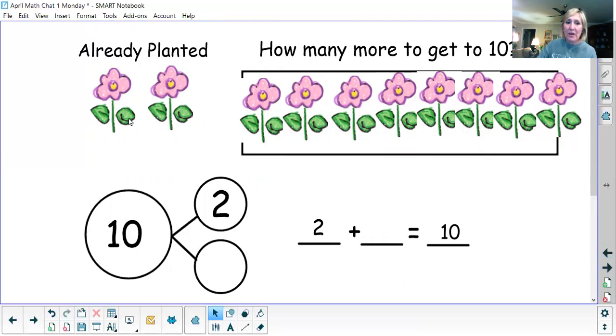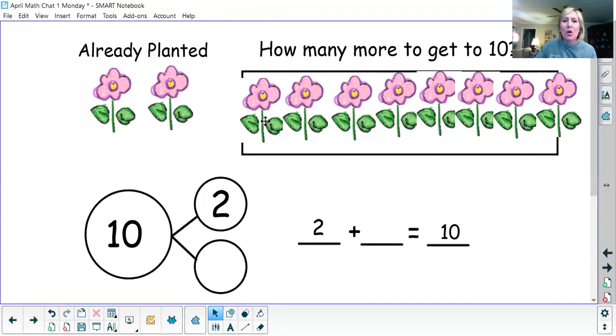He had 2 already. 1, 2, and let's keep counting. 3, 4, 5, 6, 7, 8, 9, 10. Did I make it to 10? I did. Now, how many extra? What is the other part that I had to add on to the 2 that he had already planted to get up to 10? Let's count.